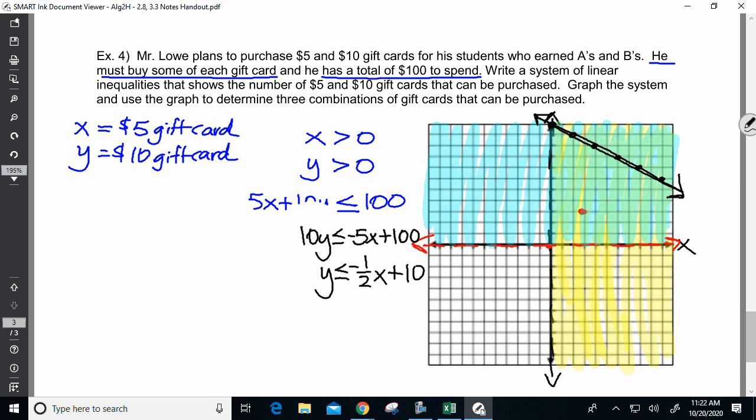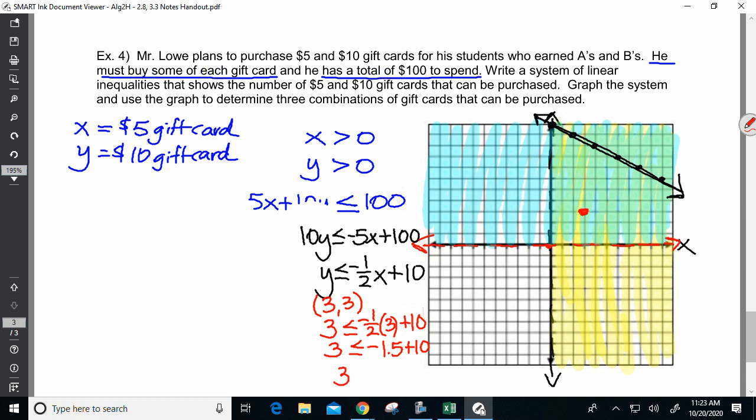So I still need another point to test. Use 3, 3 again. And I can use the same point as long as it's not on that line. Negative 1/2 times 3 is negative 1.5.